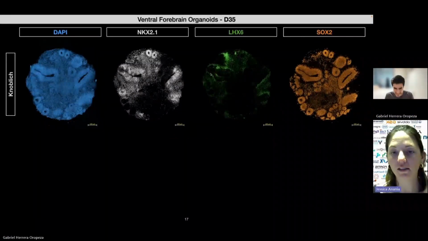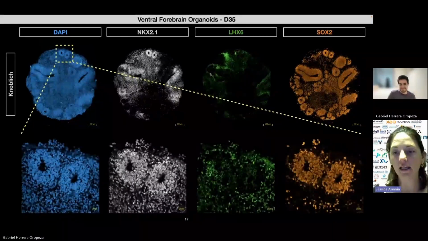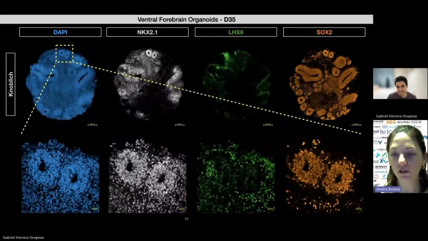They're arrested in that state. So they become postmitotic, and this is when LHX6 is expressed in ventral forebrain interneurons. So when we see expression of LHX6, this is a postmitotic interneuron, and that would be our cell of interest.